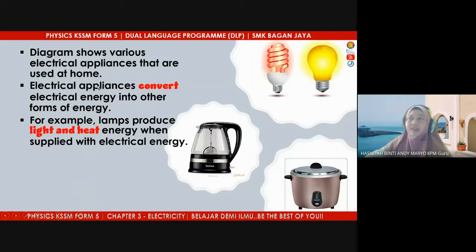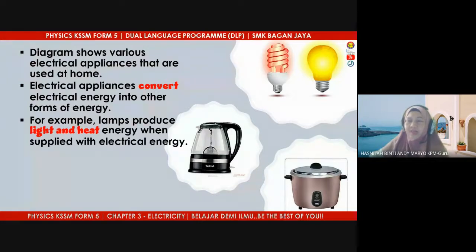So these electrical appliances convert what kind of energy? Electrical energy into other forms of energy. Can you name the other forms of energy, students? They convert electrical energy to what form of energy when you use them?